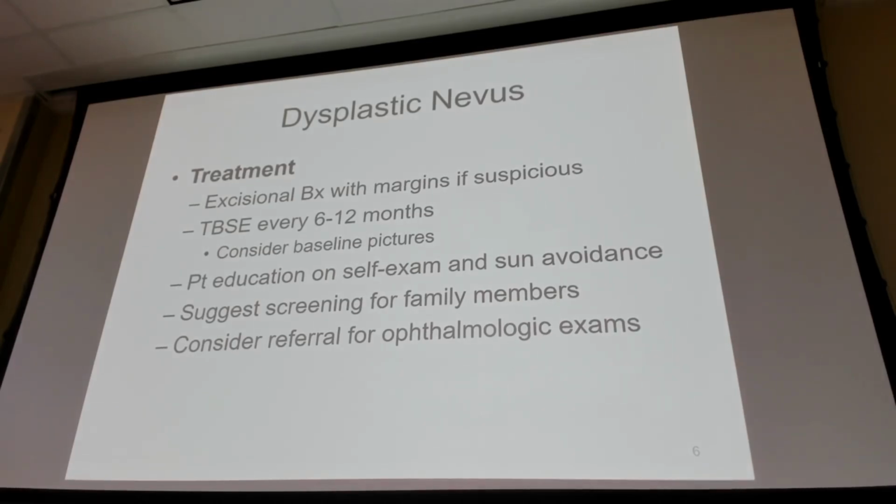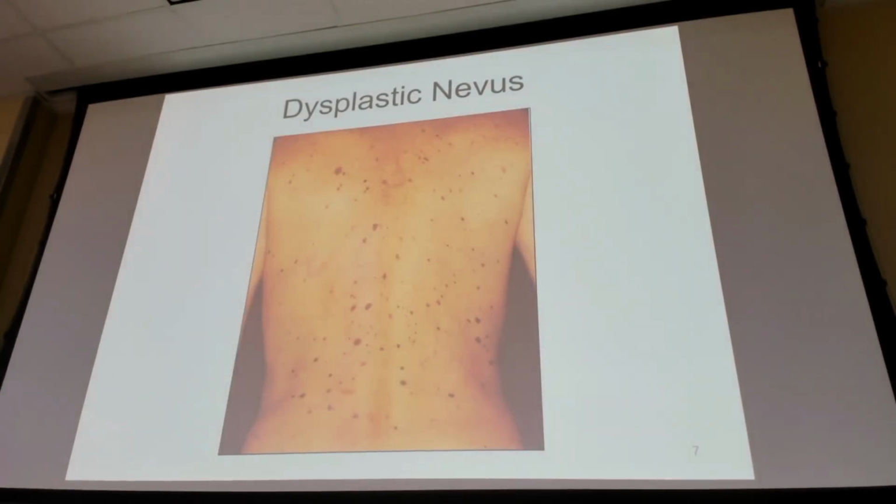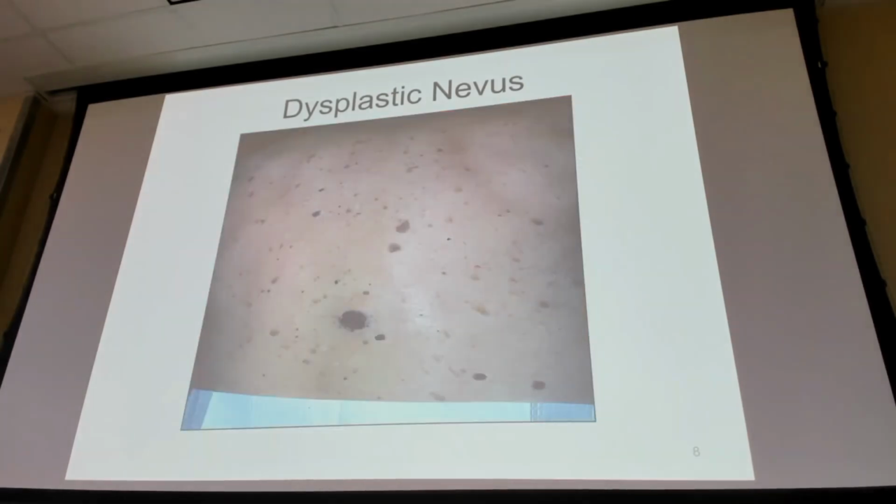So dysplastic nevus, atypical. We can see you can have a few of them, or you can have an entire back, right? So just like when we were talking about benign stuff, we talked about SKs, AKs, we talked about all of these other things that could fit into that category that make you want to rule it out.